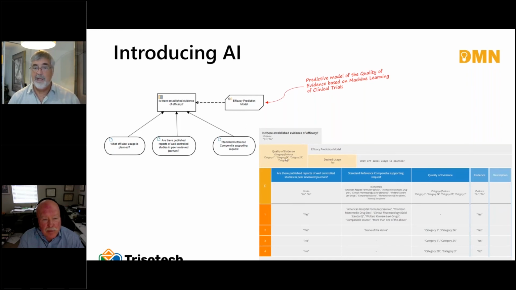You can see now that at the top of the decision, I'm invoking this efficacy prediction model, and I'm expecting a quality of the evidence that I'm receiving. This quality of evidence will be according to the OMC categorization, category 1, 2A, etc. Based on whether it is published or non-published, and based on the category of the evidence found by the machine learning, I can then augment my decision making.